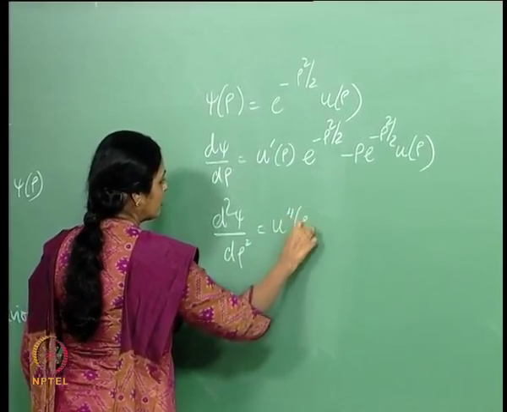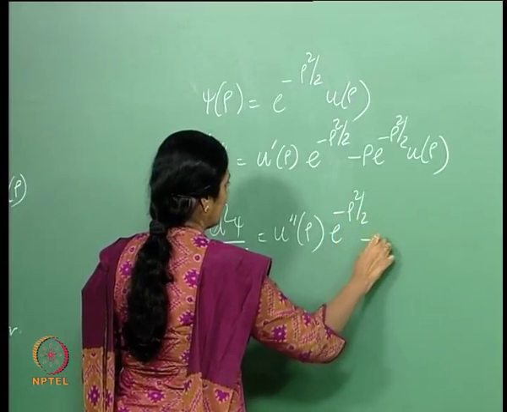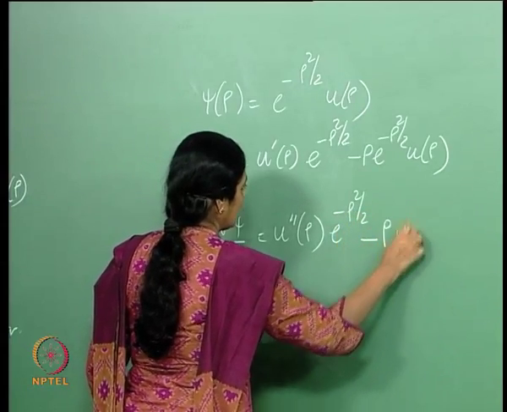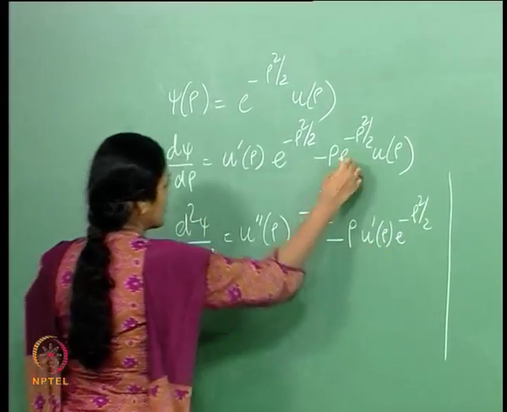That has a u double prime of rho. I am now going to have a second order equation in u. That is what I have from the first term.